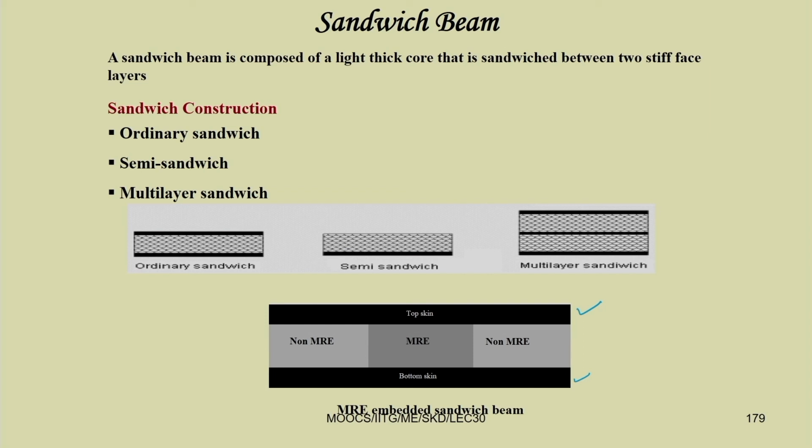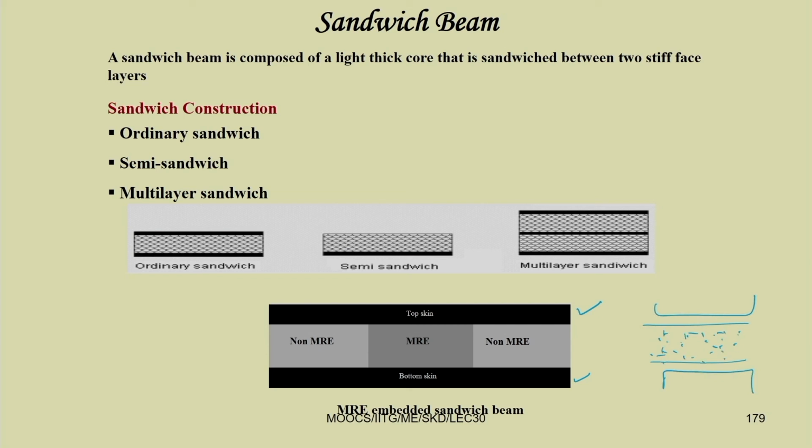In case of magneto-rheological elastomer, this is the elastomer, that is a viscoelastic material. While curing, we put iron particles, and after it gets cured, this becomes the MRE, magneto-rheological elastomer. By applying a magnetic field, one can align the iron particles.